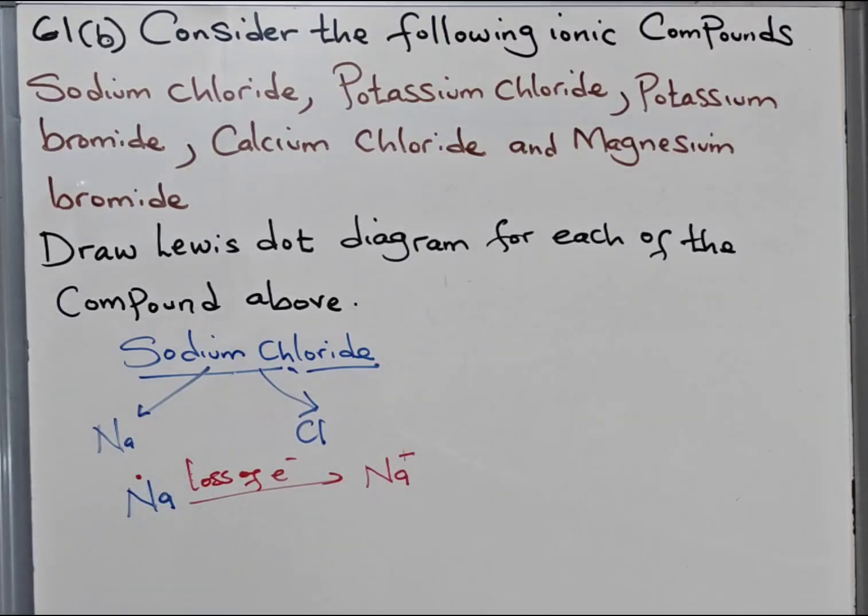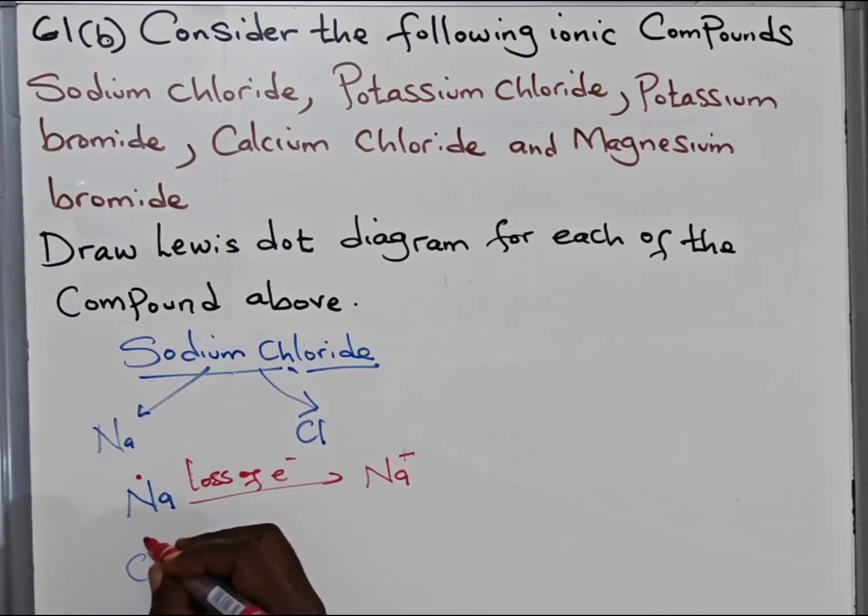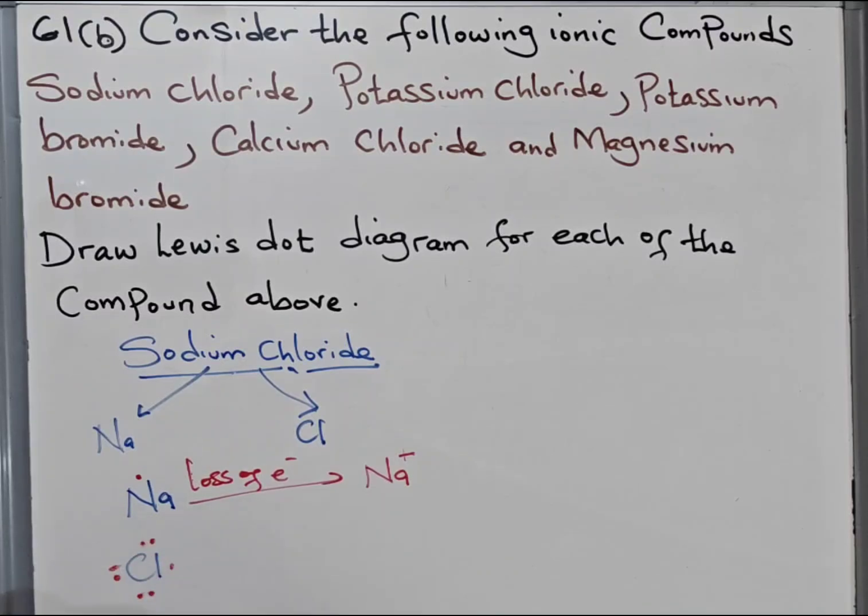Okay. Yeah, next we go to chlorine. Chlorine belongs to group 17, having 7 valence electrons around it. So it has 1, 2, 3, 4, 5, 6, 7. Okay.